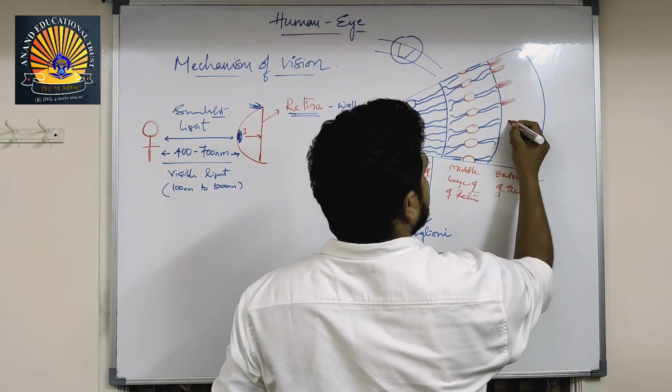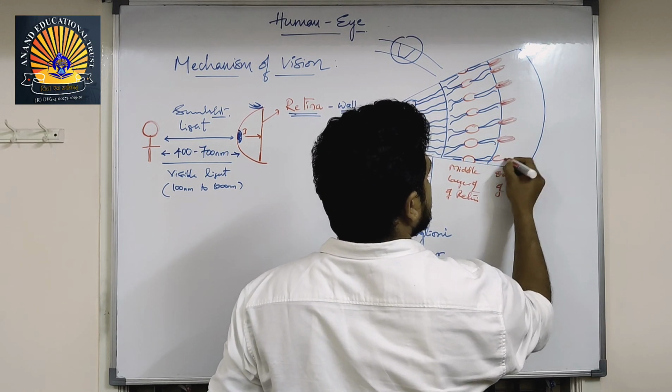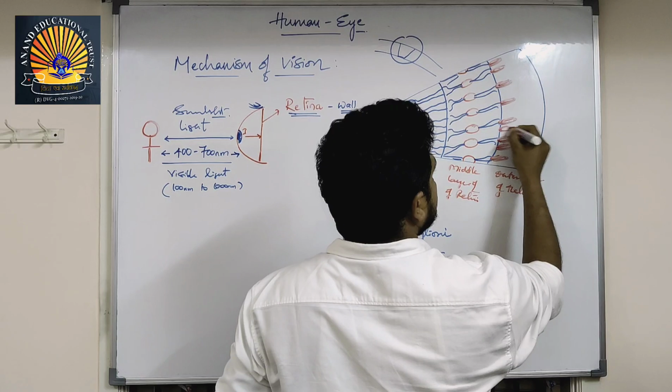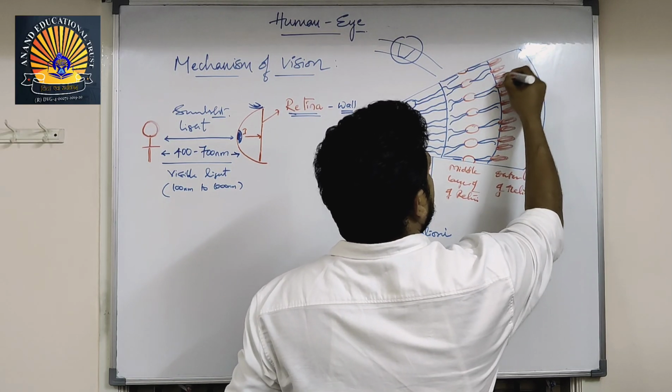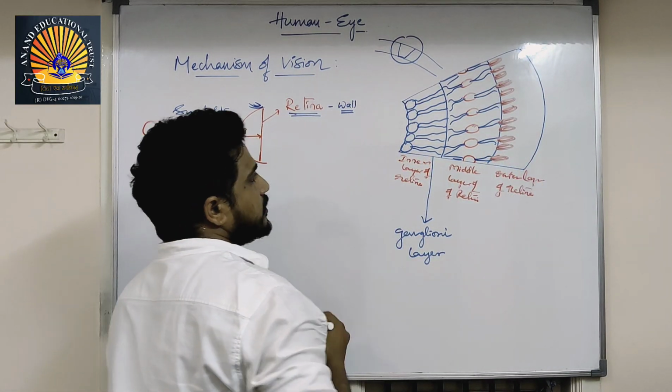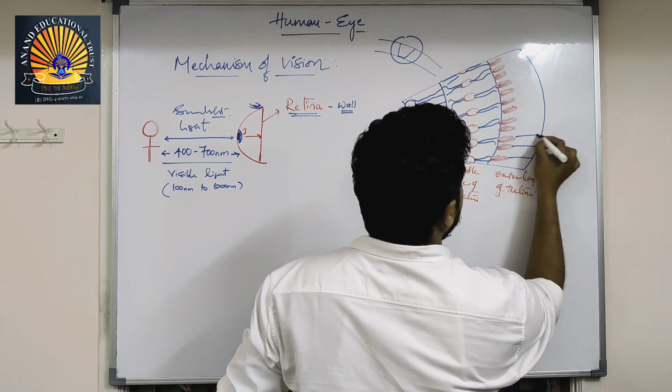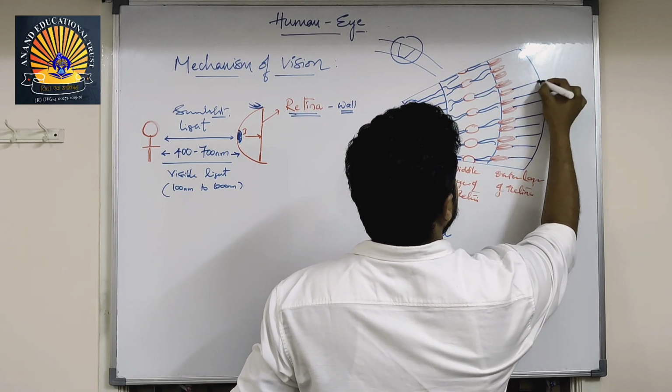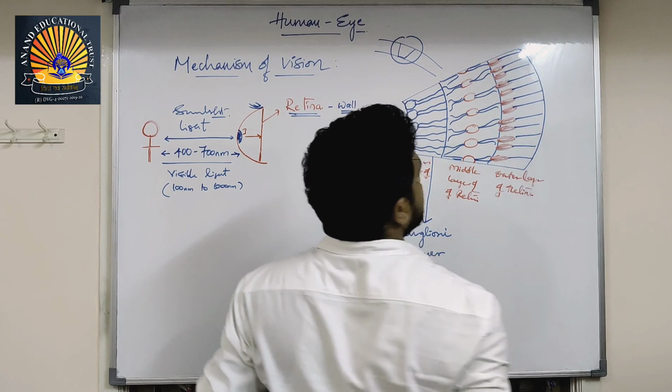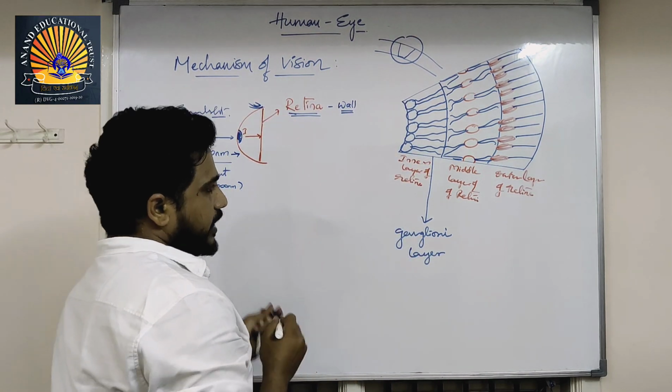Photoreceptor cells are composed of rods and cones. Like this. These are cones and this will be a rod. Rods and cones together are called photoreceptor cells. Let me write.